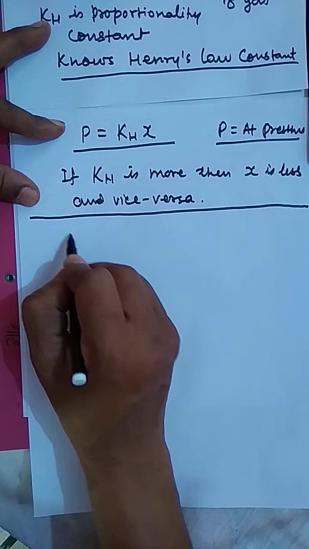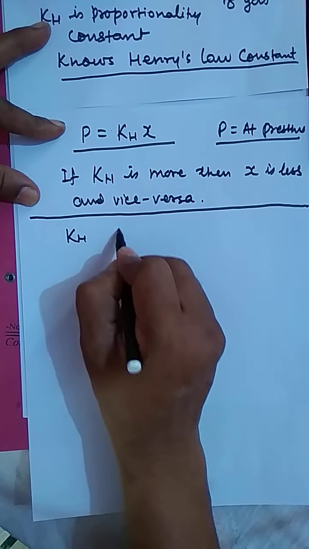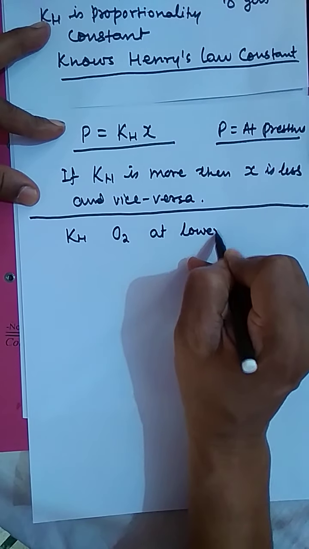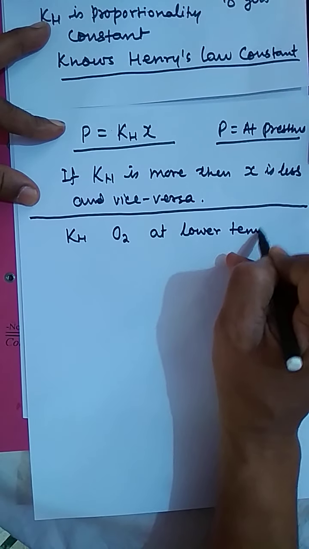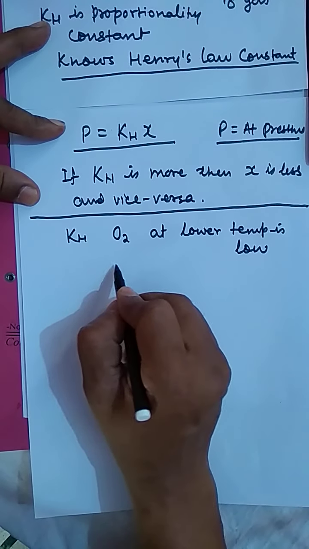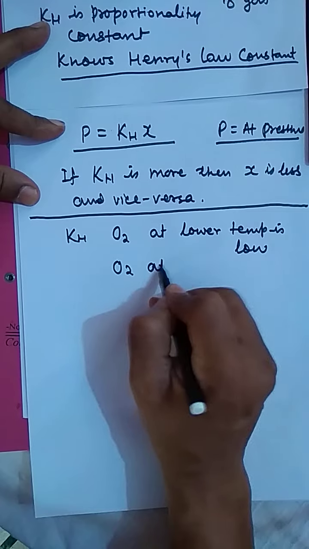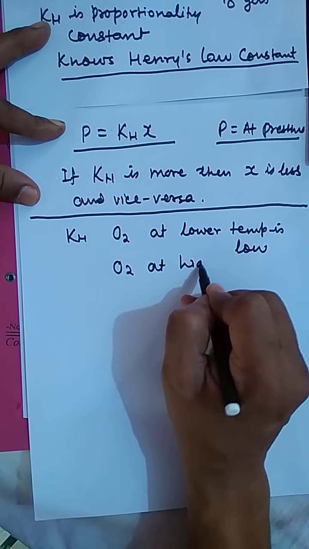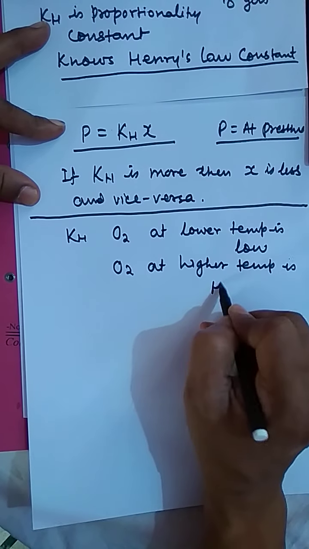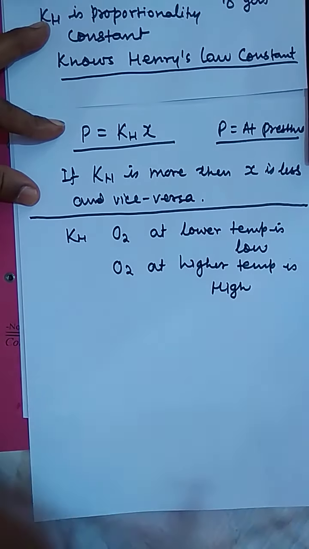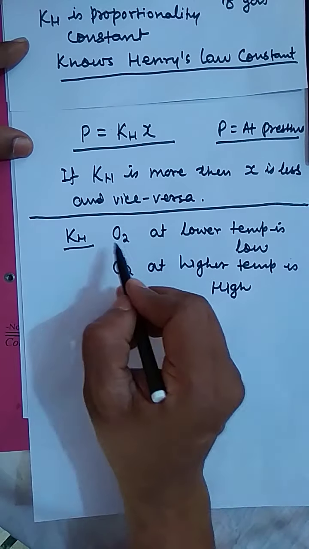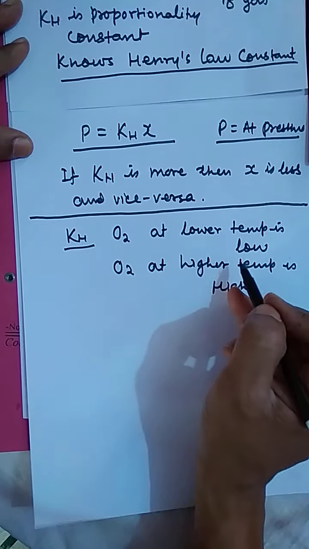Because the KH value for oxygen at lower temperature is low, and at higher temperature is high, right? If KH value is more, then definitely solubility of oxygen decreases, right?